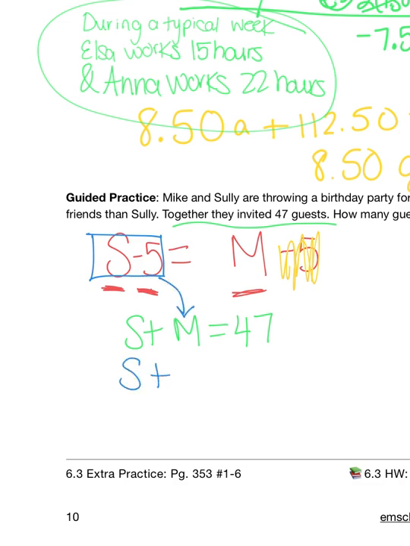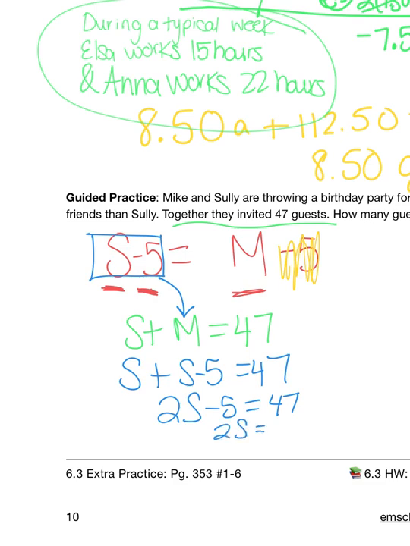So s plus, and then the s minus 5 equals 47. So then 2s minus 5 equals 47. Add the 5 to the other side. 2s is going to equal 52.